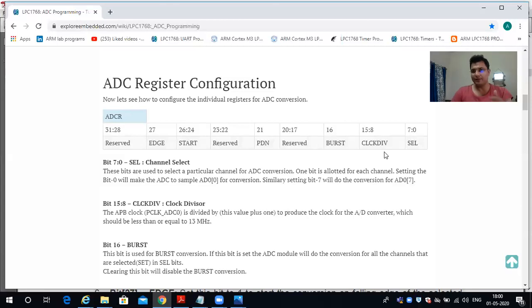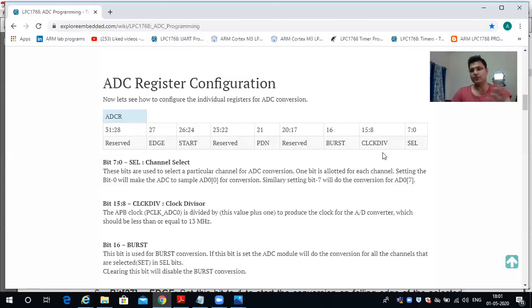So the new peripheral clock would be equal to the old peripheral clock, which was CCLK divided by 8, further divided by 2. So 8 multiplied by 2 is 16. The resultant peripheral clock would be 1 by 16 of the core clock instead of 1 by 8.